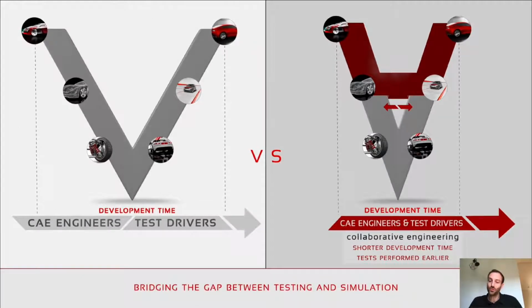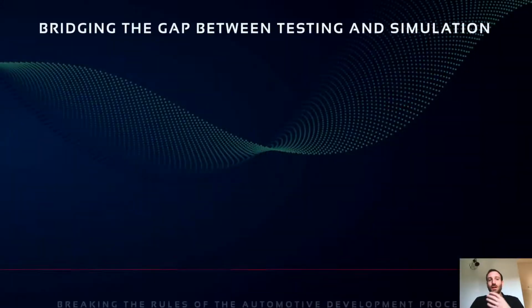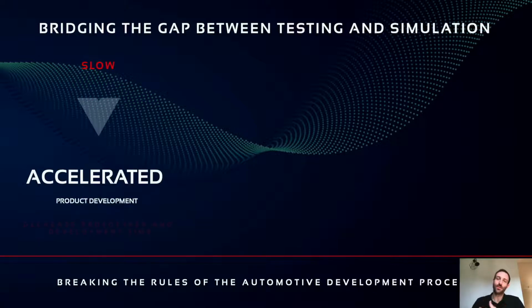With this collaborative engineering, you can achieve a shorter development time, and you also have tests performed far earlier in the development process, because right at the beginning, with your virtual design, you are experimenting to see if your solution is working. This is what we call bridging the gap between testing and simulation. From slow, you go to an accelerated product development, because you have fewer prototypes and a fast-forward development process.